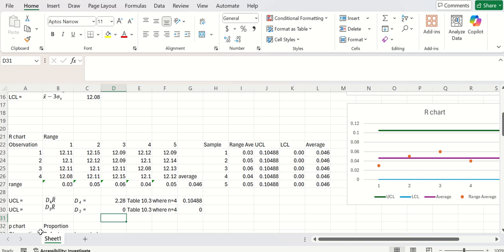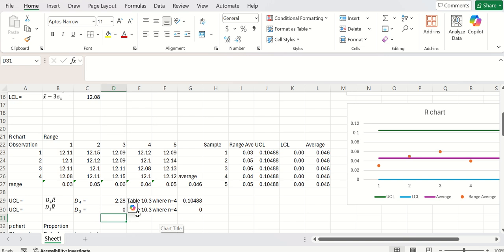So in this one, what we're looking up inside of table 10.3 is whenever I have a sample of 4, when n equals 4, and I look through the table at column D4, column D4 says that that value is going to be 2.28, okay?